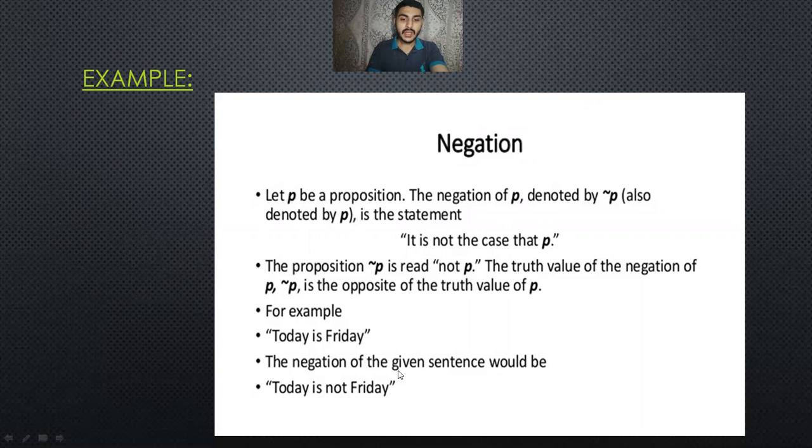The negation of the given sentence would be today is not Friday. Simply, negation P means not P. Today is Friday, today is not Friday. So I think it is so clear.